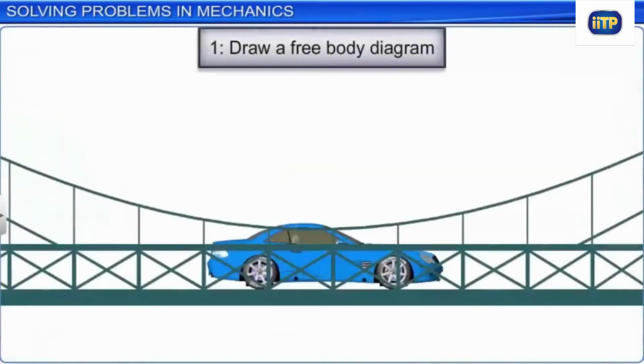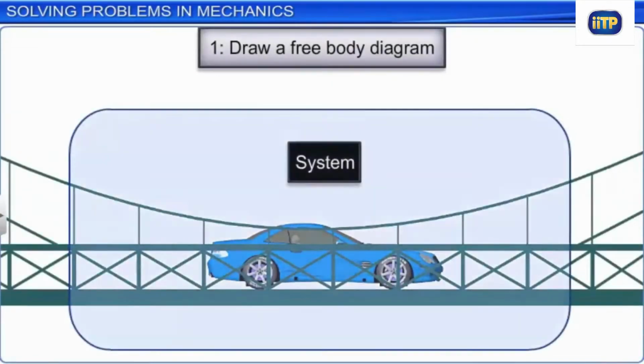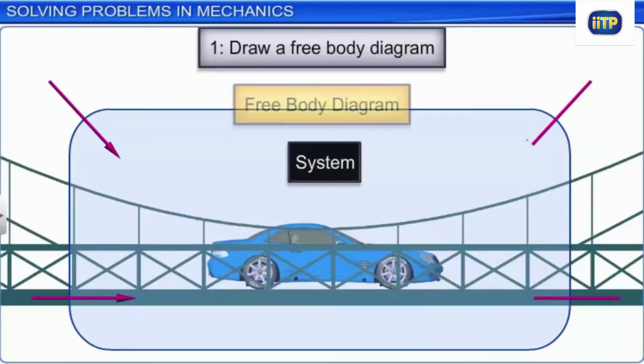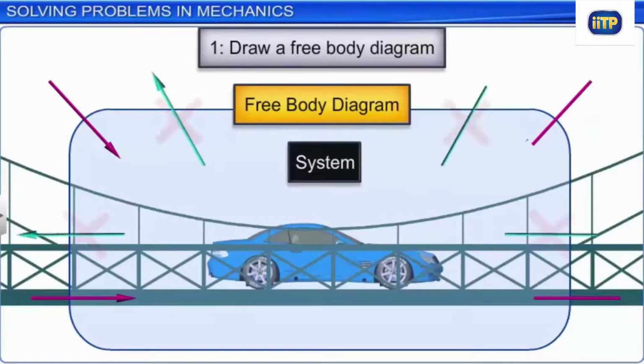Then, we draw a detailed diagram of this system along with the external forces acting on it. This diagram is known as a free body diagram. This completes step 1 of the solution. In a free body diagram, we do not consider the forces applied by the system on the environment.